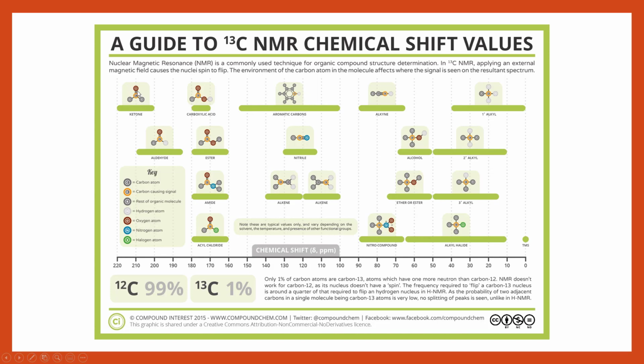And then we have the carbons that are immediately bound to more electronegative groups, so halogens, nitrogens, oxygens, etc. Okay, so again, it is important that you're aware of these trends in chemical shifts for both proton and carbon NMR.